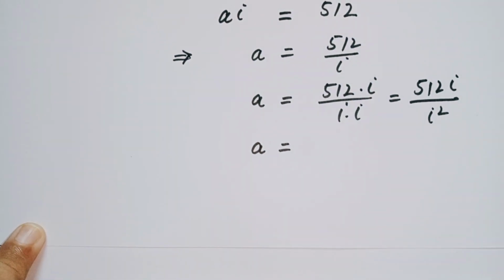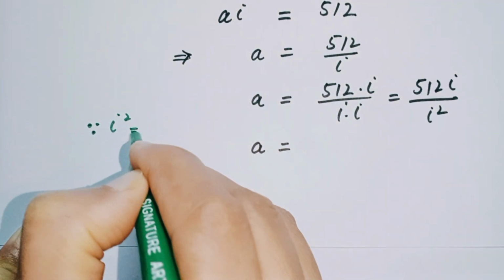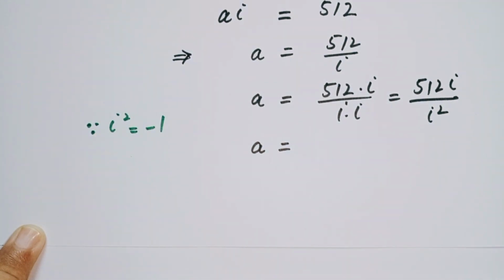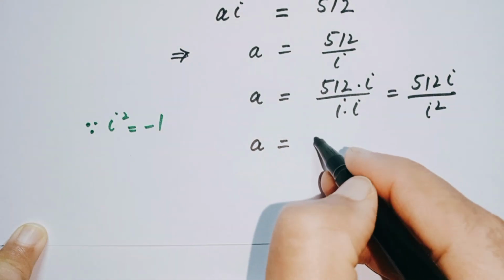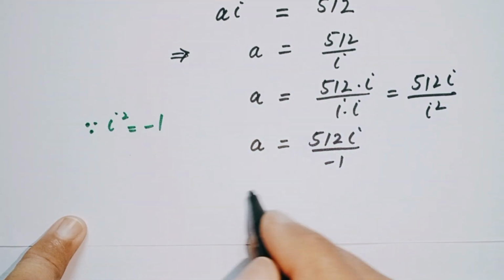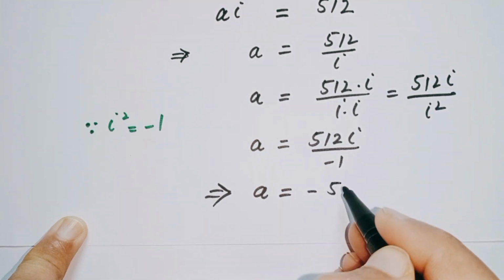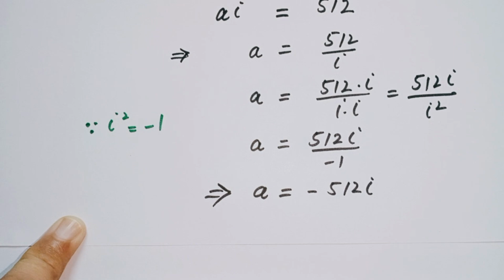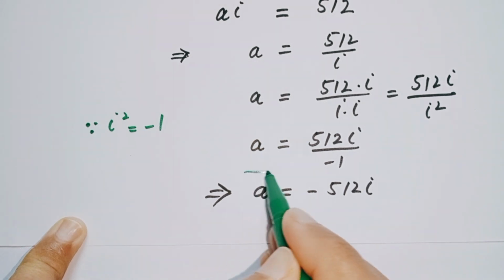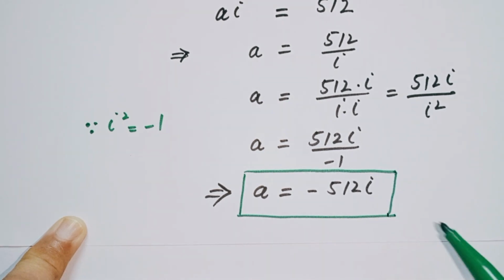So we have 512 times i over minus 1. So it will give us a is equal to minus 512i. So it is the value of a, the solution of the given expression, that is minus 512i.